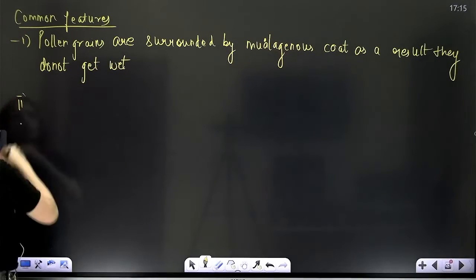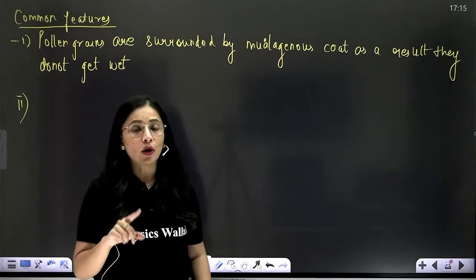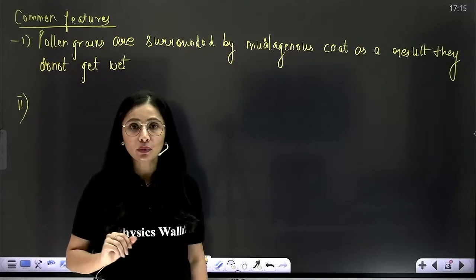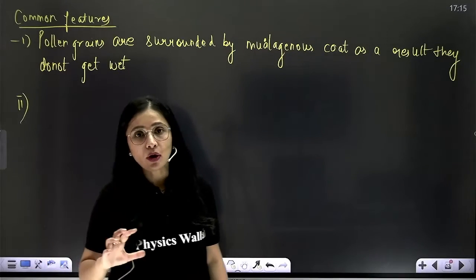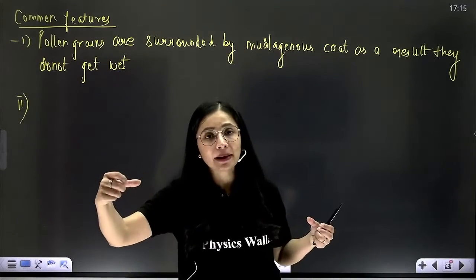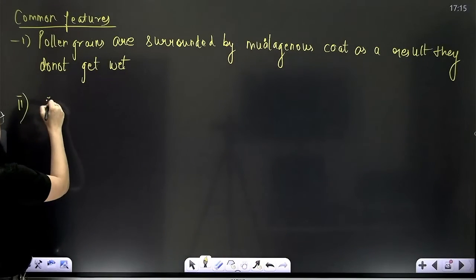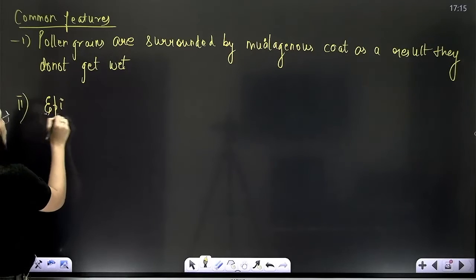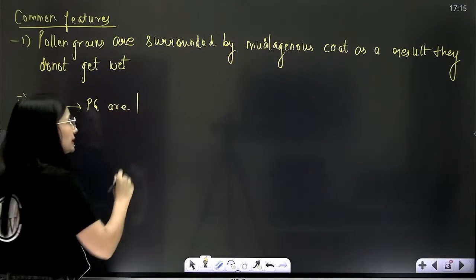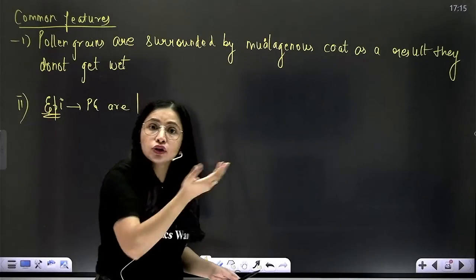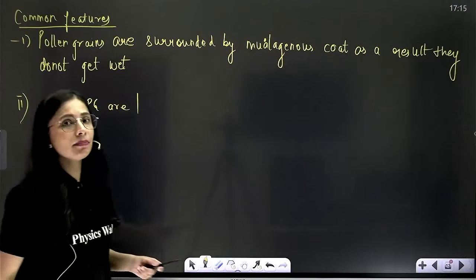Second point. If it is epihydrophily, then pollen grains should be lighter in weight, so that they can float on the surface of water in search of their stigma.